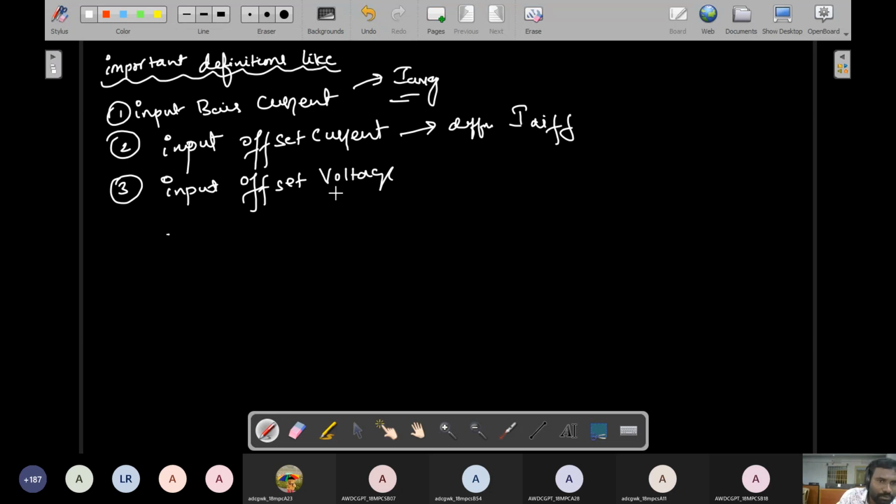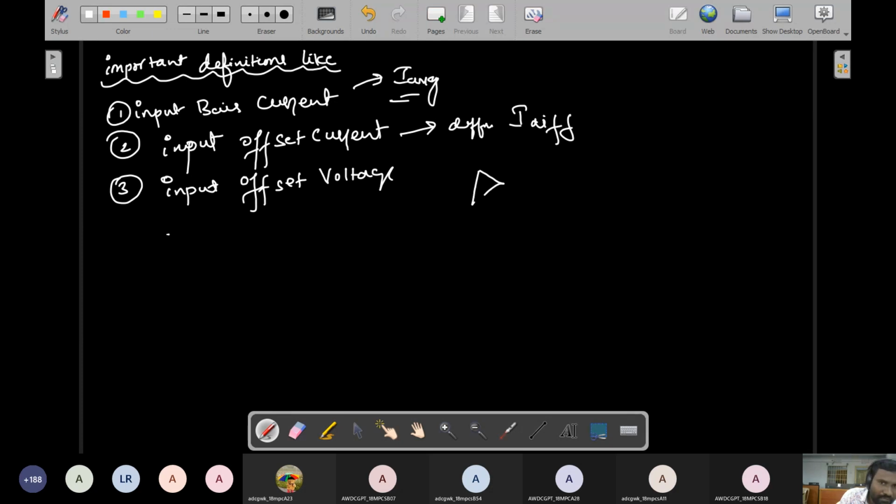So what is input offset voltage? We already discussed it in the previous class. In an ideal op amp, the output voltage should be zero when both inputs are grounded.